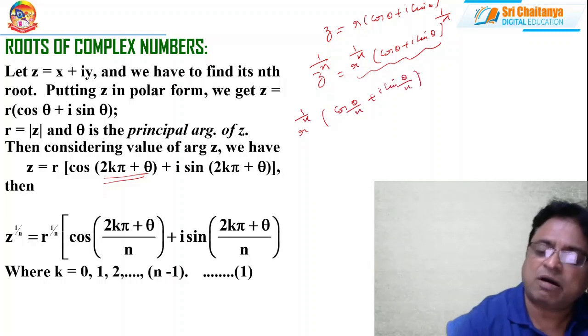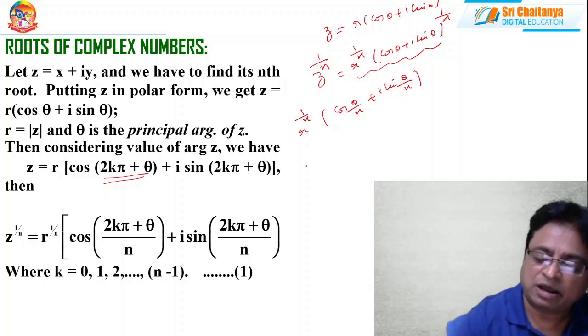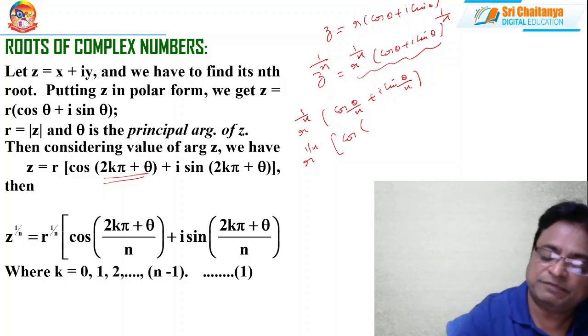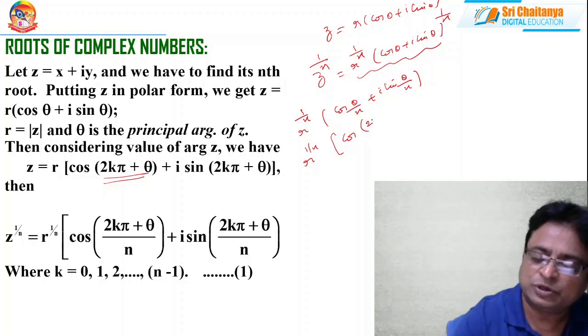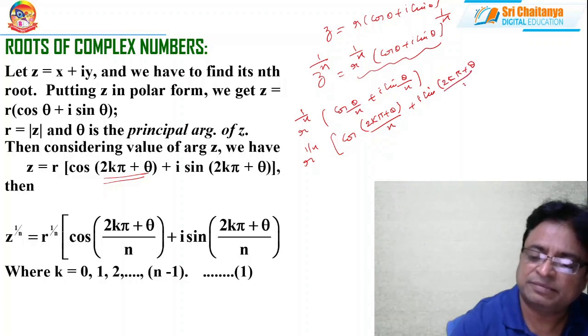But if I want all the other values, I can write them as r^(1/n) (cos((2kπ + θ)/n) + i sin((2kπ + θ)/n)), where k is equal to 0 to n minus 1.